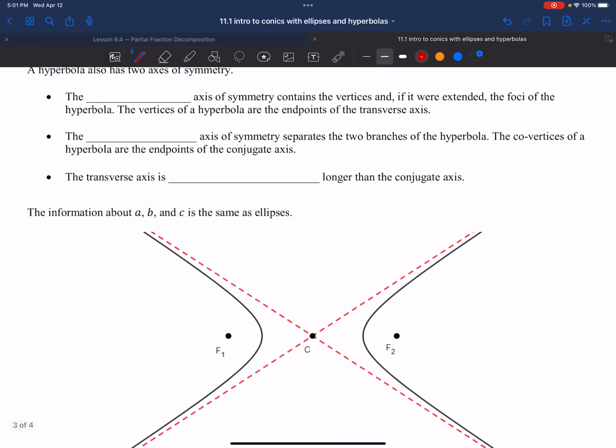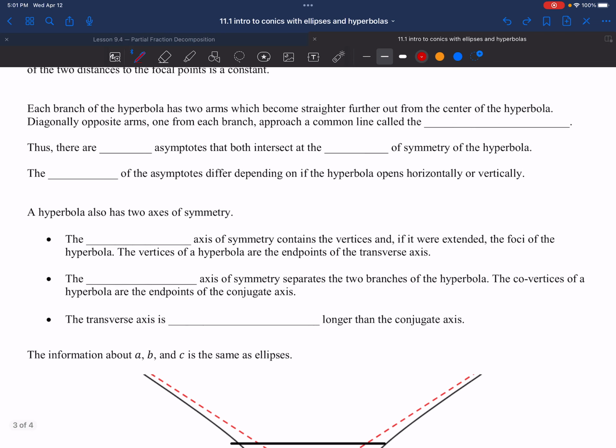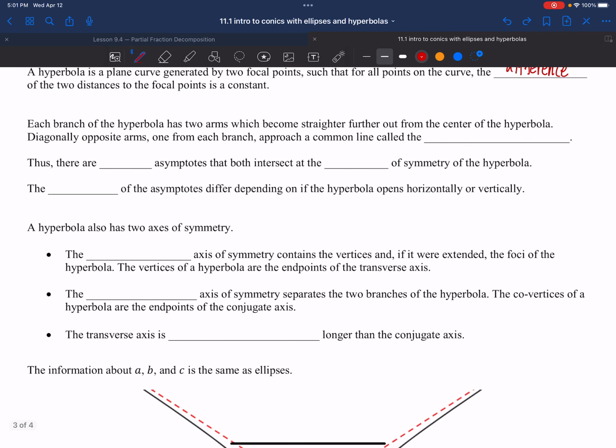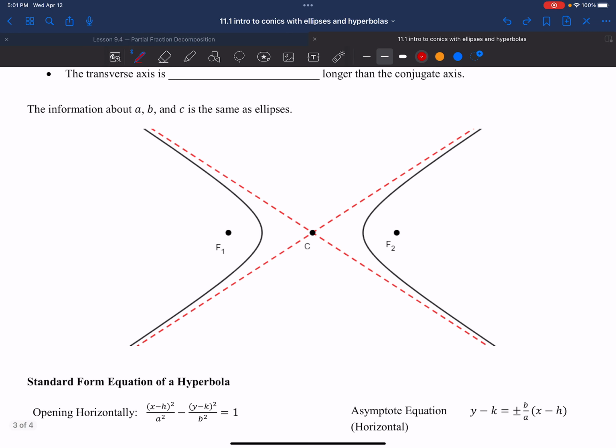As you can notice, this arm is bending, but now it's getting straight here, right? It's straightening out, and this is because these arms, especially these diagonally opposite arms, like this arm and this arm, are both approaching this line. Similarly, this arm and this arm are both approaching this line, right?